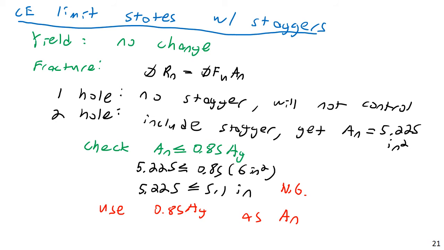So we're never allowed to use more than 85% of the gross area of the connecting element when calculating tension. So we're going to use 0.85 AG, which would be 5.1 inches squared. That's what the code allows us to use.